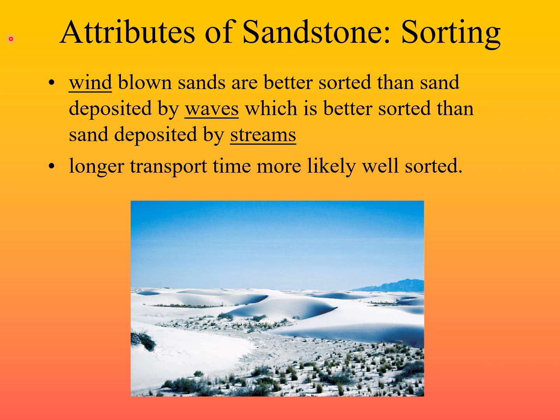And here I want to revisit sorting, because sorting is really about the energy of the agent that's moving that sediment in that spot at that time. We can think of different grain sizes and different materials being sorted throughout an entire river system or throughout an entire system of different strengths of wind, right?